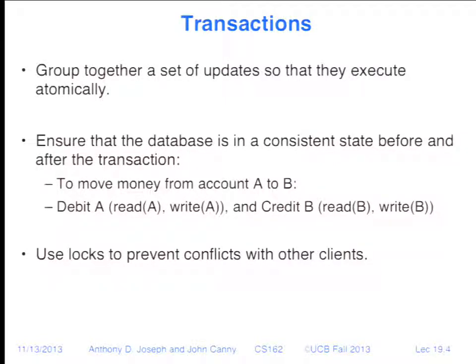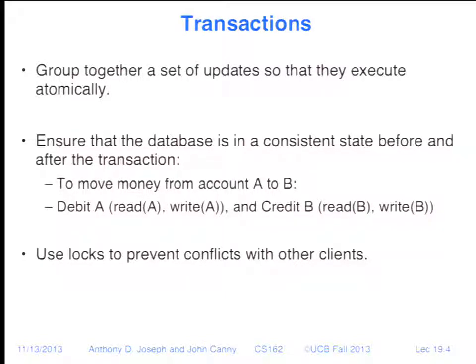The idea of a transaction is to group together a set of reads and writes so that they can be executed atomically, so you can guarantee that the database state moves forward to something consistent and meaningful, or it stays where it is. It can't be in some inconsistent state in between.